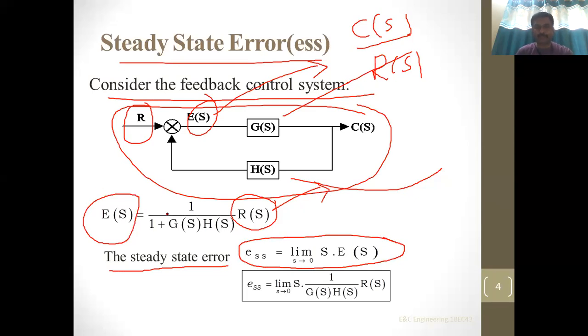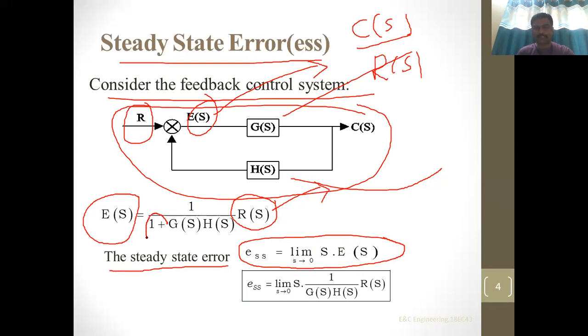Now we already know the value of E(s). Let me substitute it. Thereby the steady state error takes the form ESS is equal to limit s tends to 0, s into E(s). What is E(s)? 1 divided by 1 plus G(s) into H(s), followed by R(s).